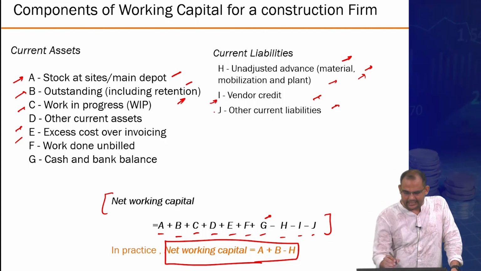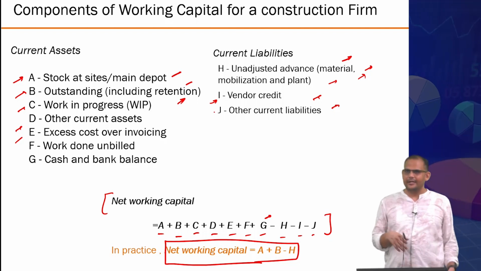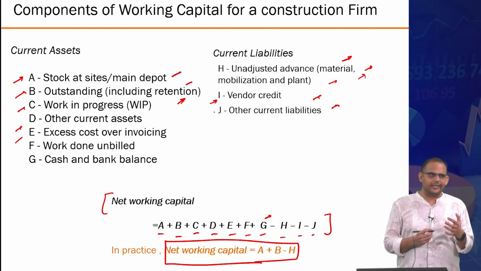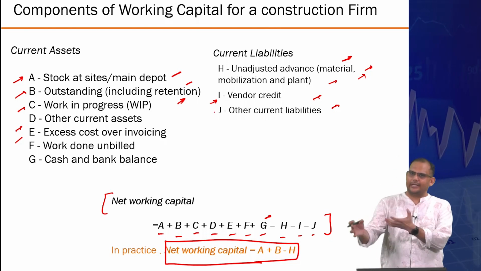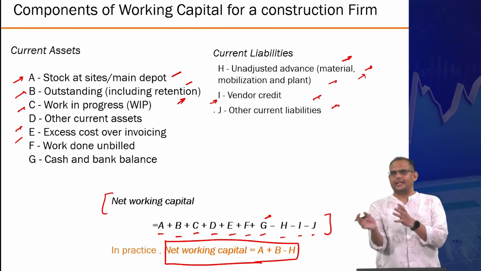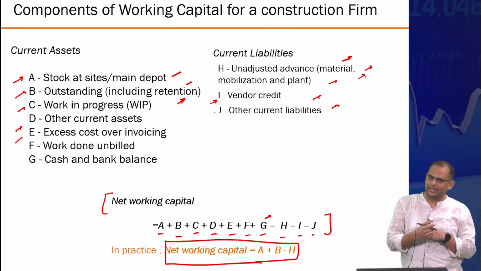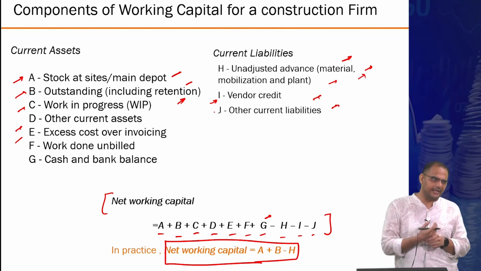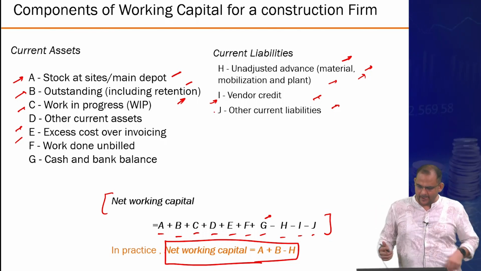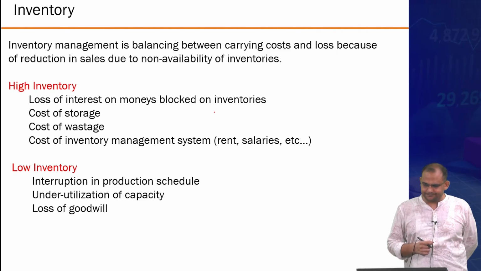Of course, vendor credit sometimes can become significant, but most of the time vendor credit does not go very high because vendors keep on asking and you are paying that back most of the time, so that's no longer a liability. So this is the generic formula.